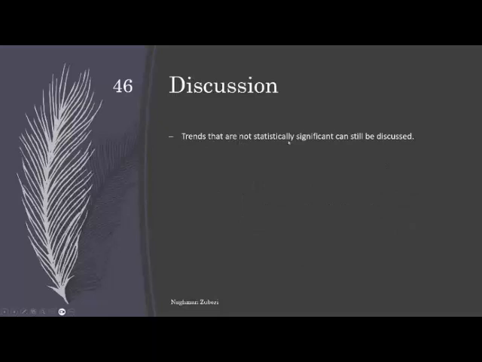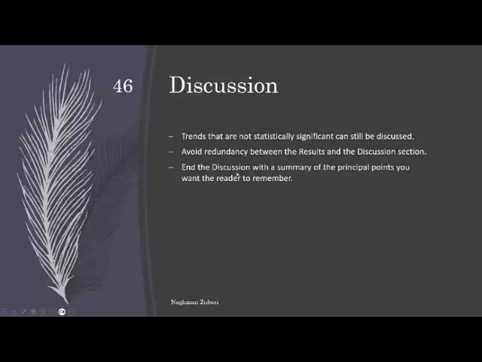Trends that are not statistically significant can still be discussed. Avoid redundancy between the results and the discussion section. End the discussion with a summary of the principal points you want the reader to remember. Do not end with the statement that this problem needs more study. What you wish you had done.